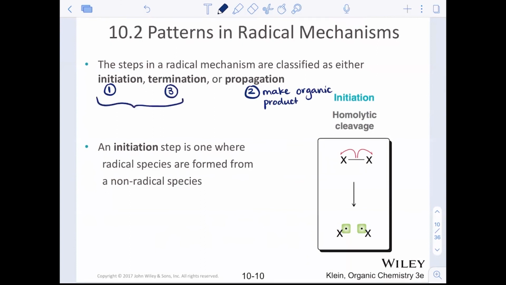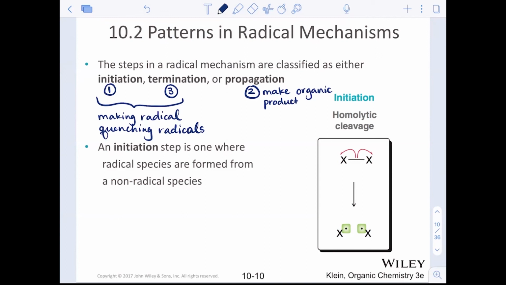These two involve making radicals, or what we'll call quenching radicals, using them up, right? Initiation will make them, termination will finish them. Propagation is where we actually do the organic reaction that we want to.